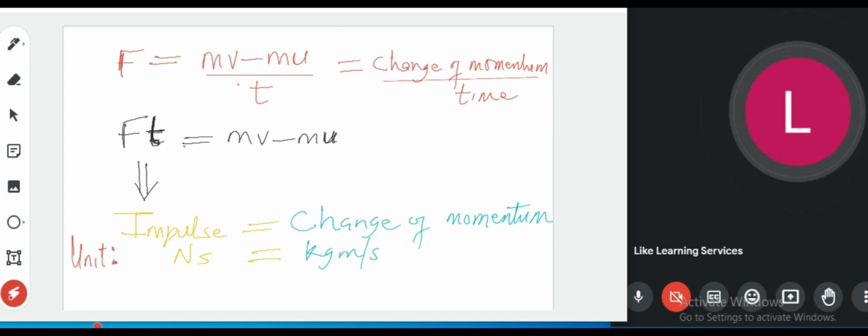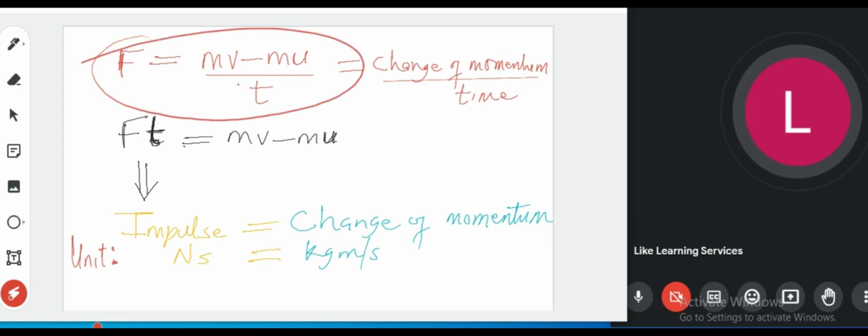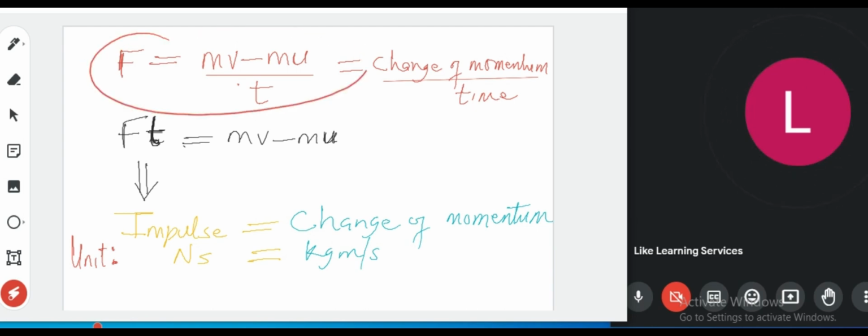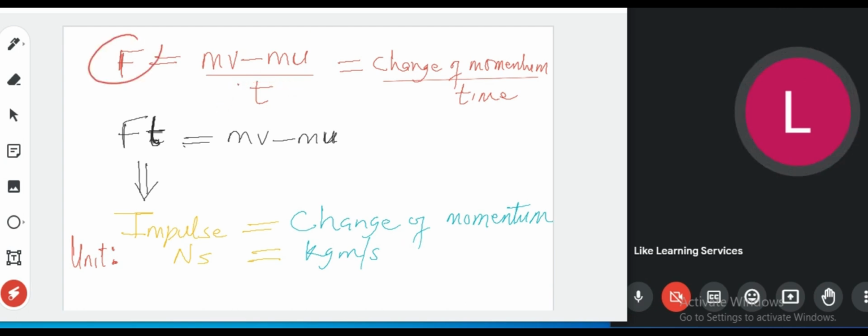We got that from F equal to mv minus mu over t. When t becomes smaller, the force becomes bigger.